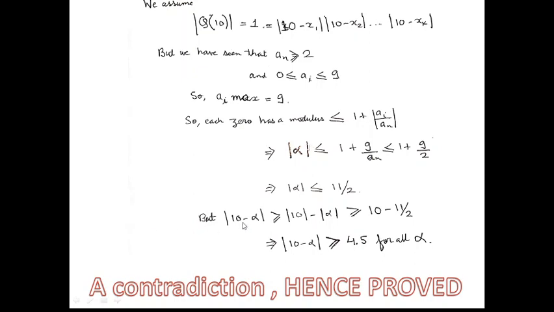So mod of 10 minus alpha is greater than or equal to mod 10 minus mod alpha, which is greater than or equal to 10 minus 11 by 2, the maximum possible value of alpha. So 10 minus alpha is greater than or equal to 4.5 for all alpha. Now if 10 minus alpha is always greater than or equal to 4.5, then q of 10 equal to 1 will never be possible. So we arrive at a contradiction, hence the statement is proved.